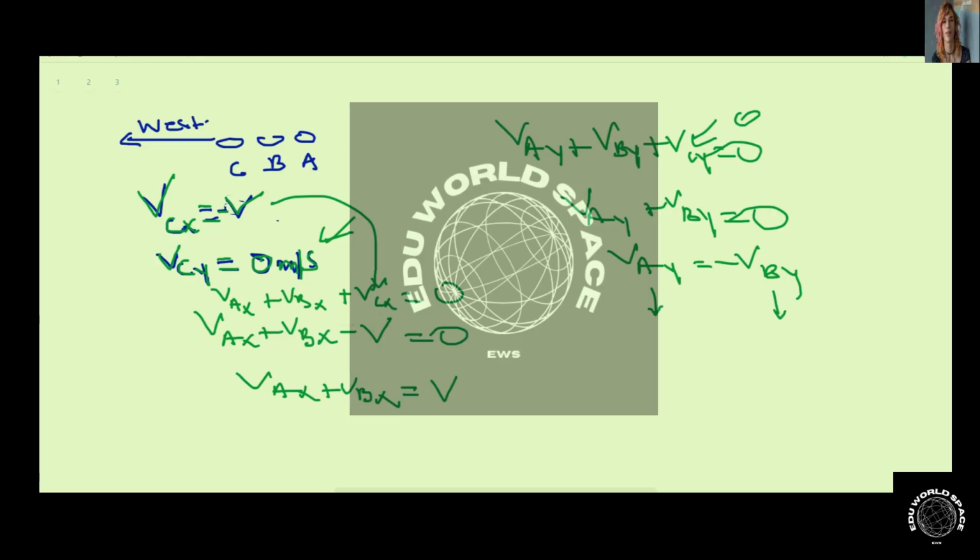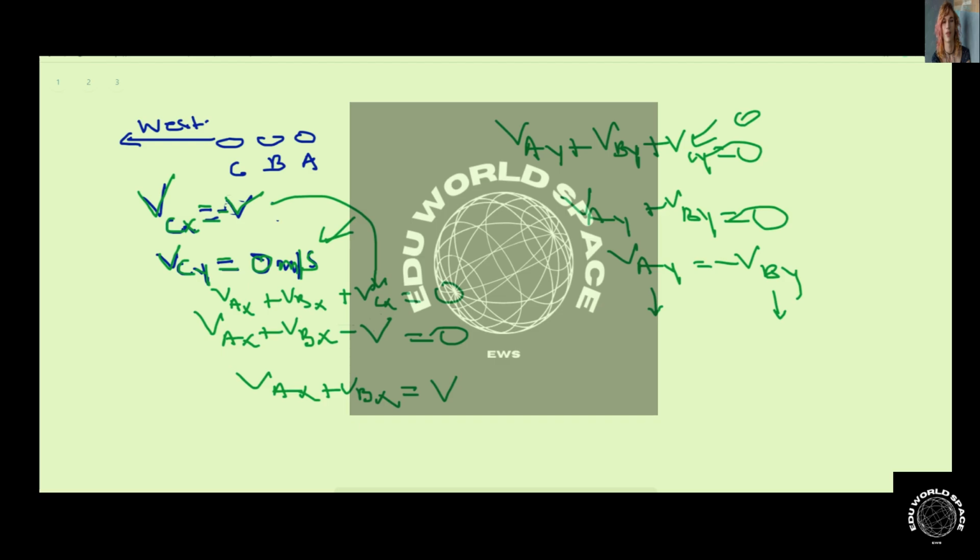And then something else happened. We get to see that the X components of A and B are the same. In terms of the Y component, these two are going to have the same magnitude, different direction.